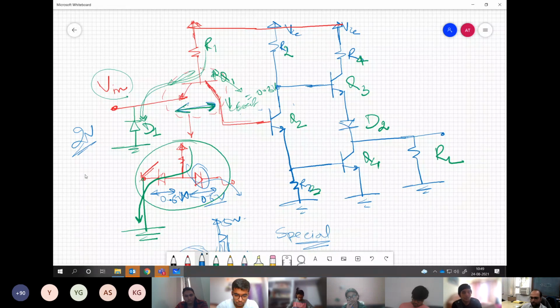But now this is where our complete circuit will come into play, and that will dictate whether the transistor will be going into on or off mode. Understanding my point? This is a very valid question. If 5 volt it's not conducting, it may conduct for 3 volt or 2 volt.